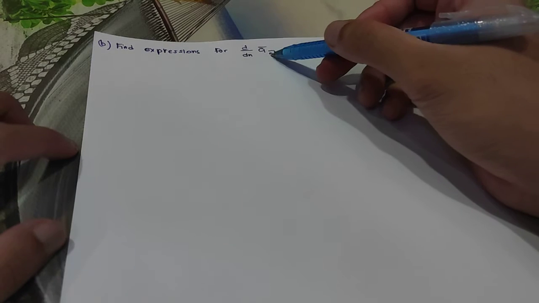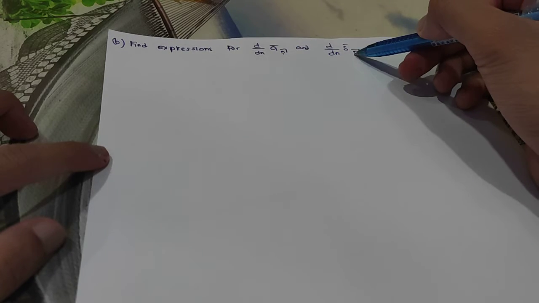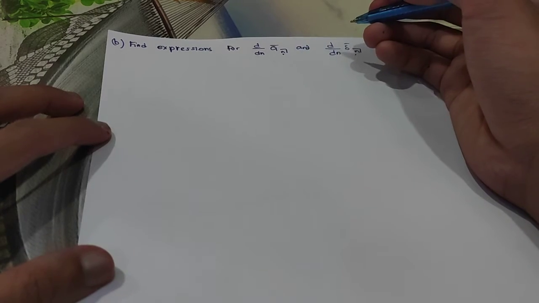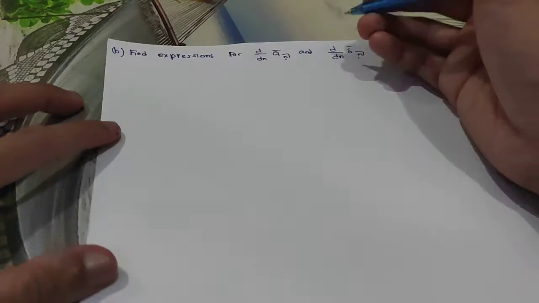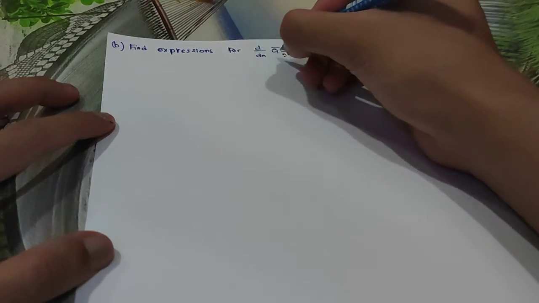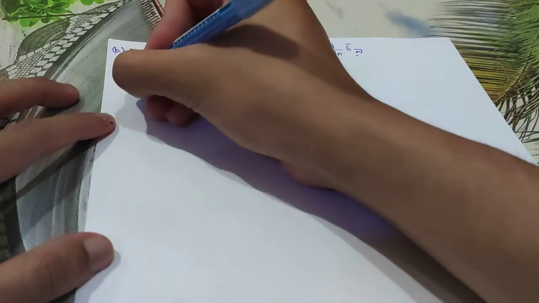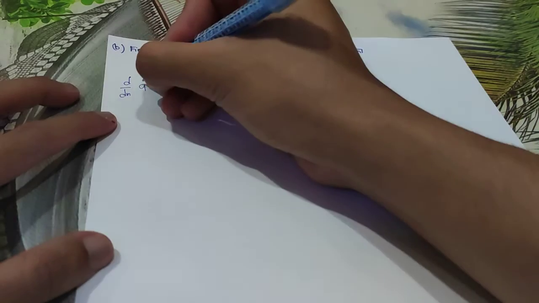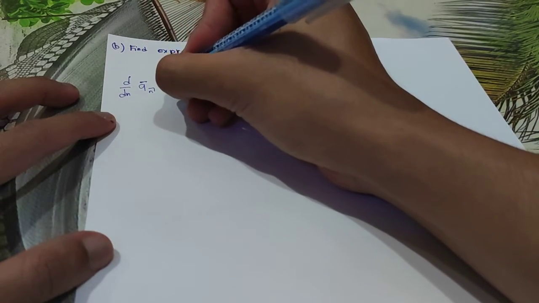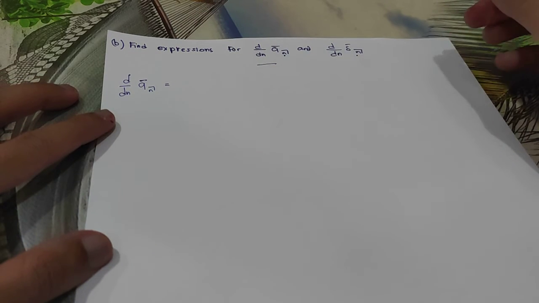So this is the present value and this is the accumulated value. First we find d over dn of a-bar and s-bar.